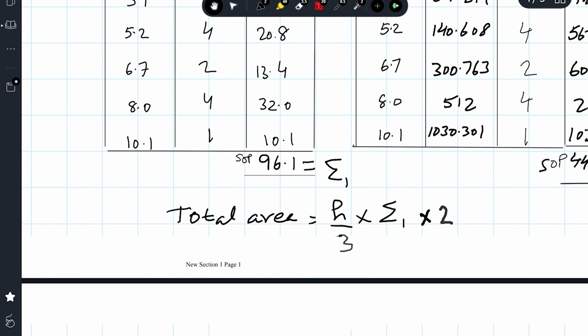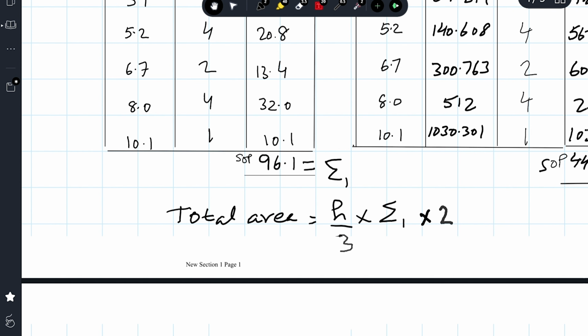Then the total surface area of the liquid will be h upon 3 into summation 1, which is for Simpson's rule number 1, h upon 3 into the sum of the products, multiplied by 2, because we are dealing with half ordinates. In order to get the full liquid surface area, I must multiply by 2.